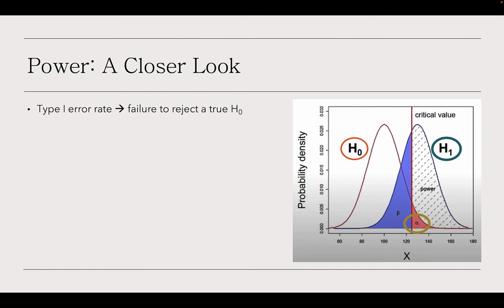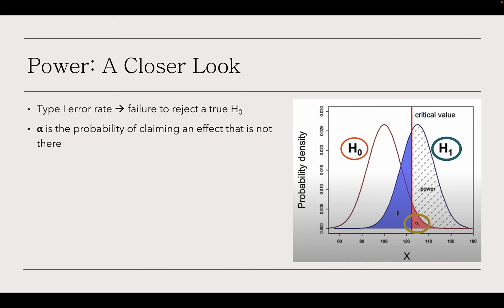Hopefully you remember from EDRM 705 something referred to as the type 1 error rate. The type 1 error rate is the failure to reject a true null hypothesis. And so alpha is the probability of claiming an effect that is not there.